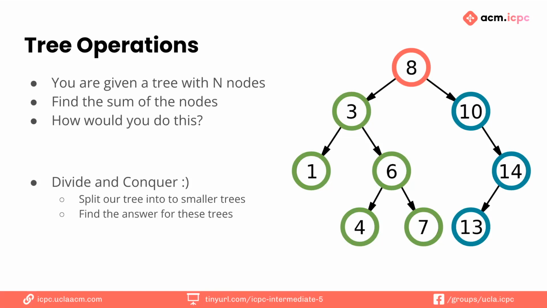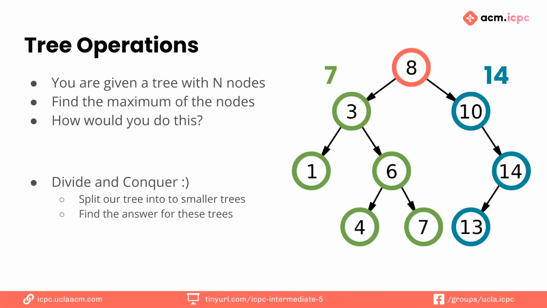We want to find the answers for these smaller trees. I have a typo here. It should be the max of the nodes, but can anyone tell me what the max value is in the left subtree in green? Yeah, 7. And the right one? Yeah. So the answers for our left and right subtrees are 7 and 14.